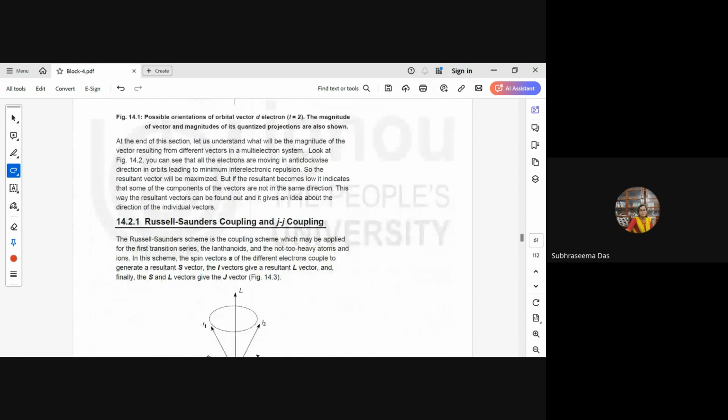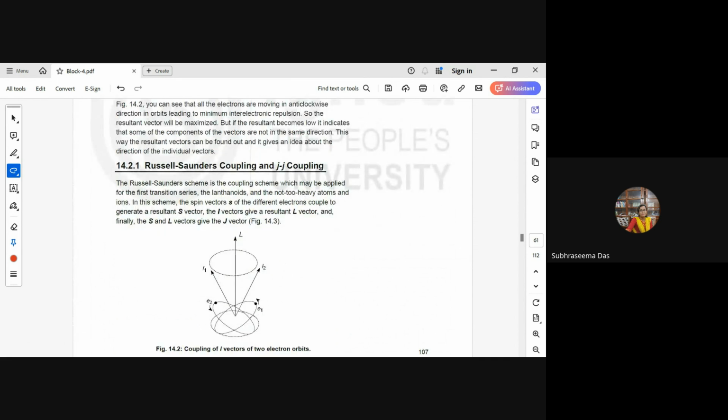Now before going into the details of electronic spectra, let us understand what JJ coupling and Russell-Saunders coupling are. RS coupling is applied particularly to the 3d series, the lanthanoids, and not very heavy metals.